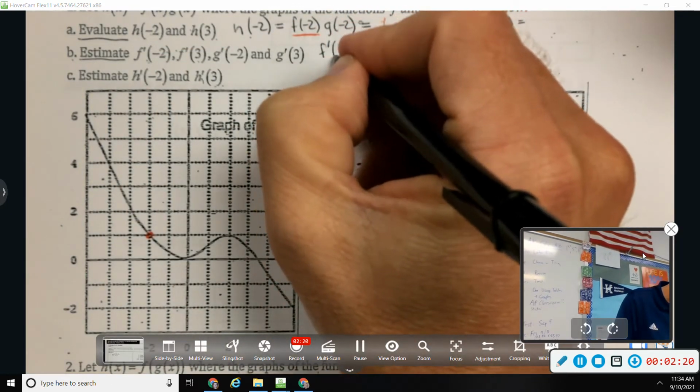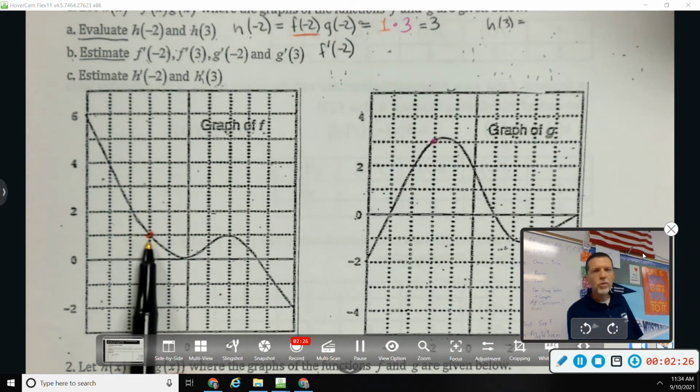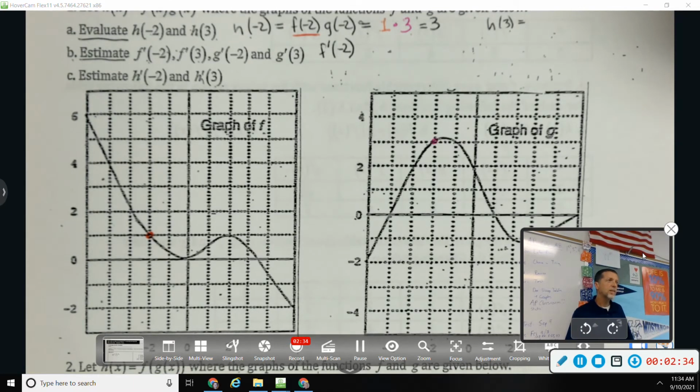F prime of negative 2. Well, I've got negative 2. How do I find f prime? What is f prime in terms of the graph of f? It's the derivative, but what is the derivative in terms of the graph of f? Slope. The slope. So I need the slope at negative 2.